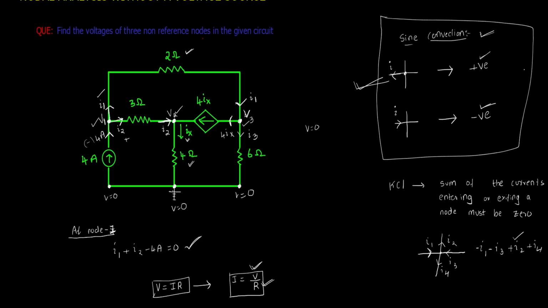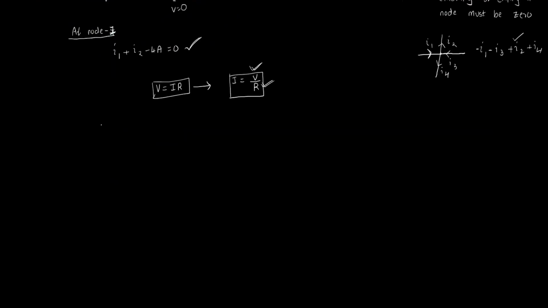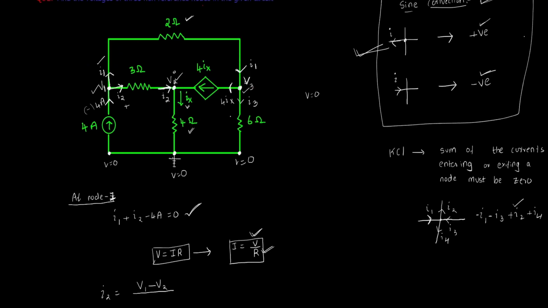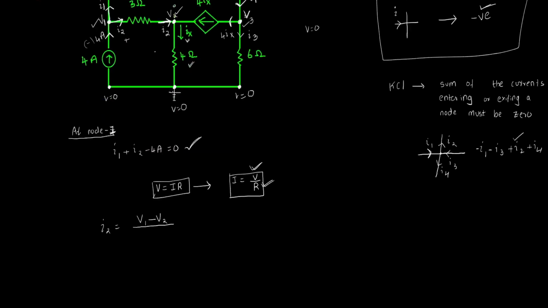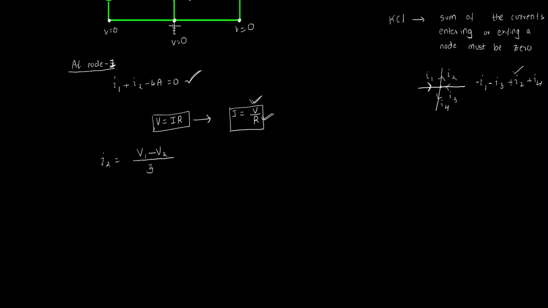So V1 is greater than V2, and we can write I2 as V1 minus V2, divided by the resistor connecting those two potentials, that is the 3 ohm resistor. So we write it as V1 minus V2 by 3.